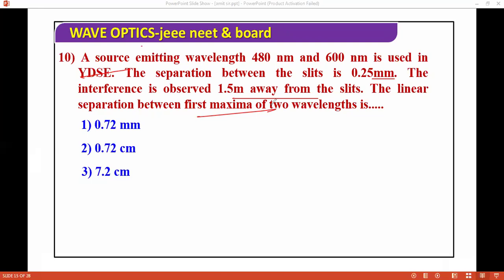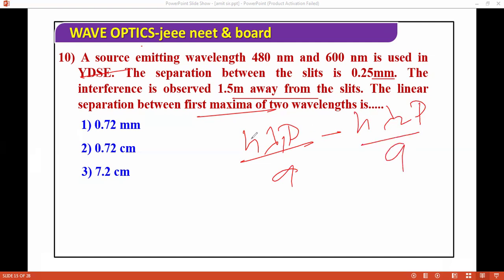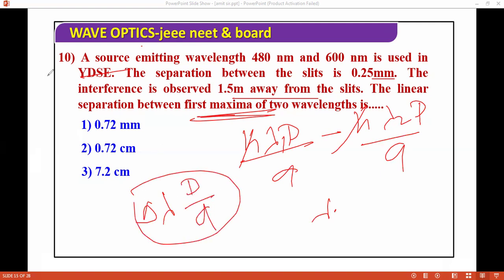So basically you can take lambda one D by d minus n lambda two D by d. Here n is one, basically, because you are talking about the first maximum for both. You can directly solve it also as delta lambda divided by d, times D. So here you will get the value.